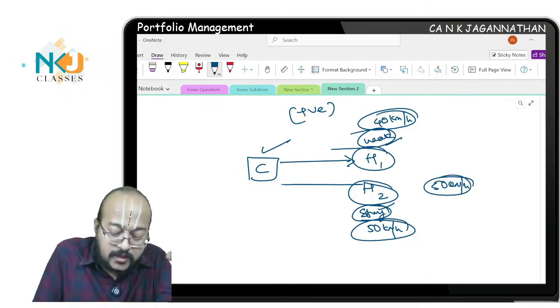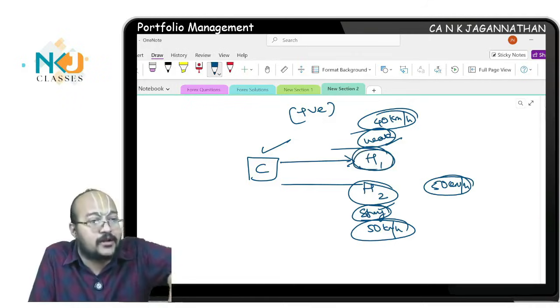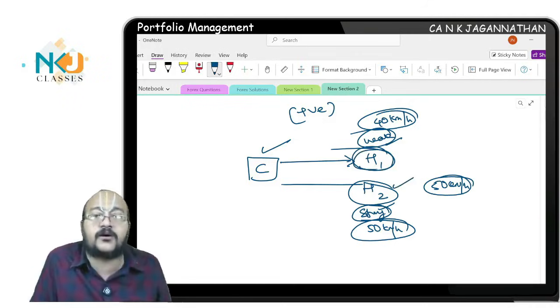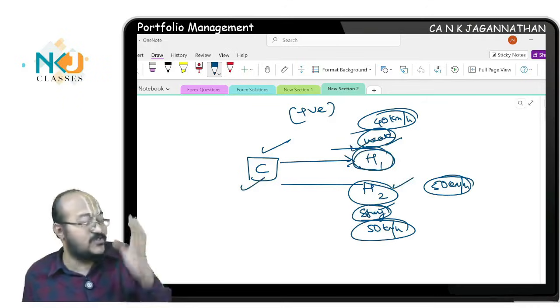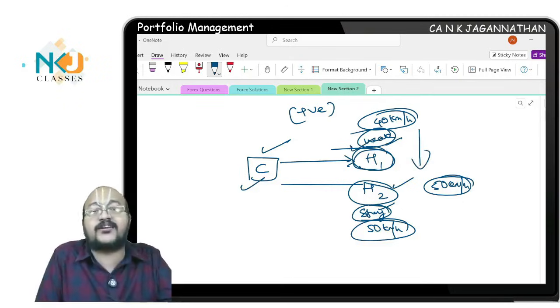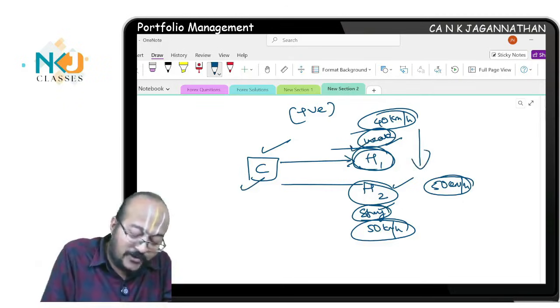Now when another horse is tied on the same side, pulling at a lower speed, what will happen? The strong horse has to pull the cart and also the weak horse. Because of that, the ultimate speed will get reduced. Diversification will still reduce the risk. What I am trying to say, you are understanding?